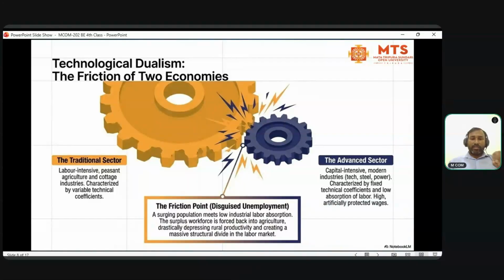The friction point is disguised unemployment. The surging population meets low industrial labor absorption. The surplus workforce is forced back into agriculture, drastically depressing rural productivity and creating a massive structural divide in the labor market.